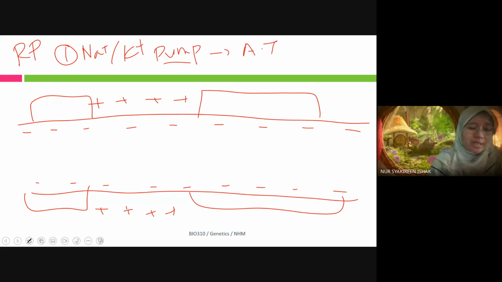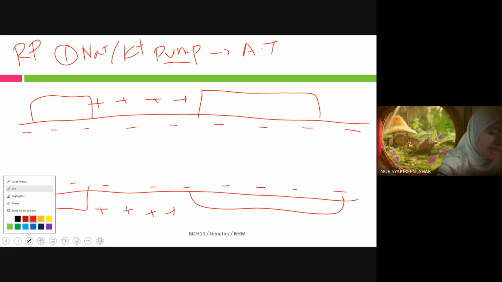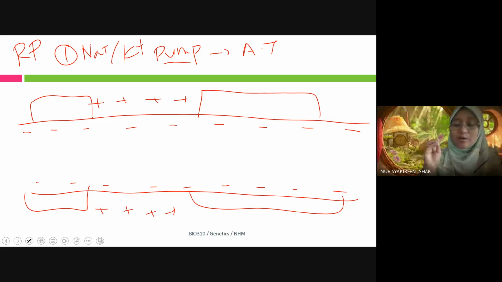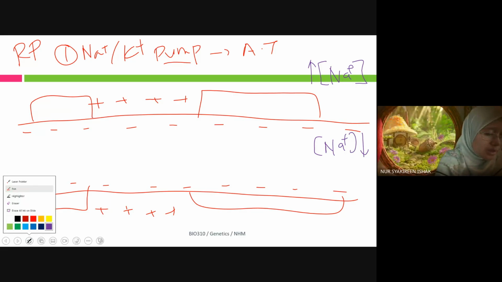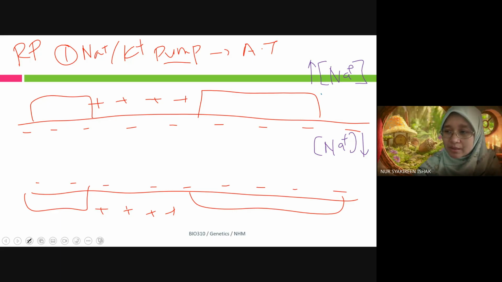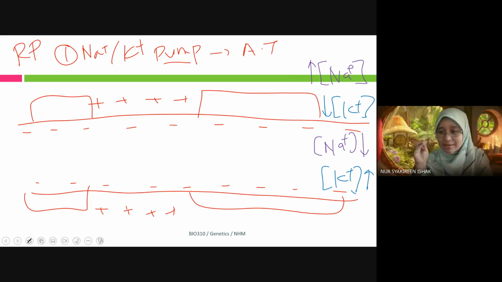So I want you all to remember and understand the difference in concentration of ions. Outside, in the extracellular fluid, the concentration of sodium ion is always high. Inside the cell, the concentration of sodium ion is always low. Compared to that, the concentration of potassium ion outside is always low, inside potassium ion is always high. Take note of this.